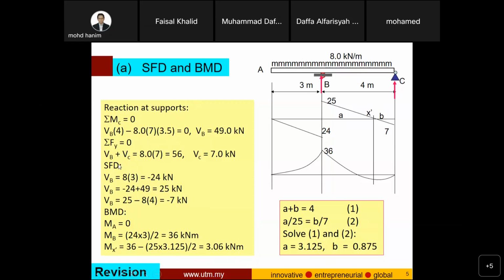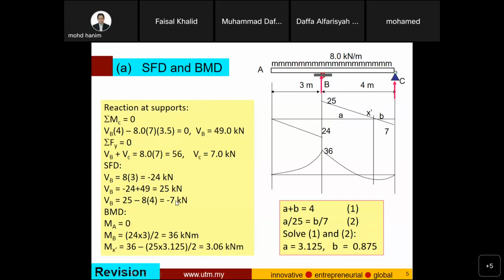So this is the shear force diagram. Remember, in the exam, you have to write this properly. What is VB? What is VB dash? And so on. There is some error here. And you must show this calculation, not only the final answer.